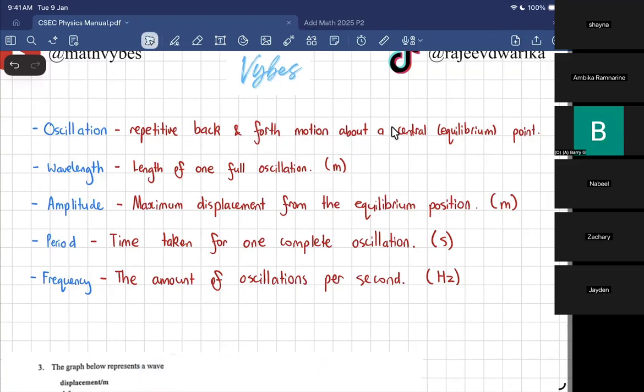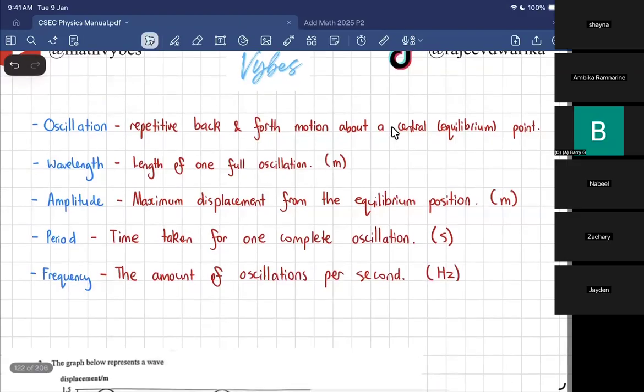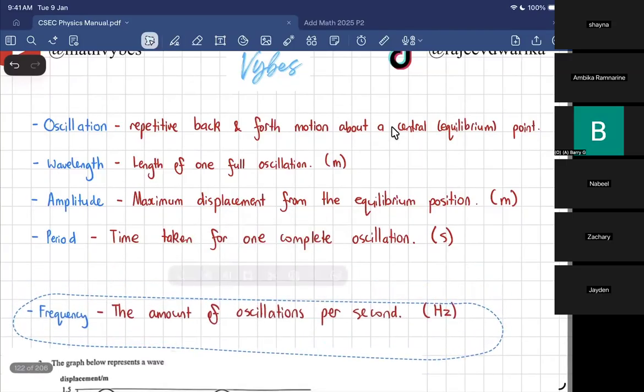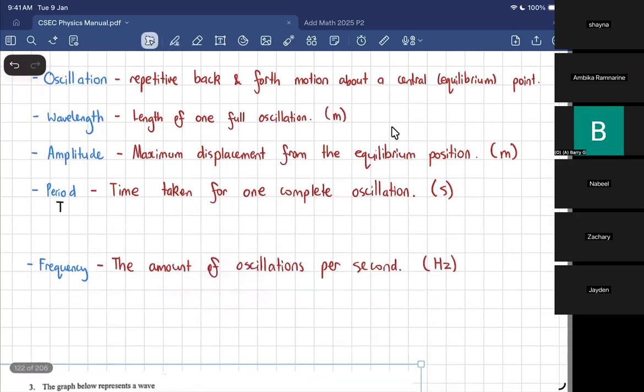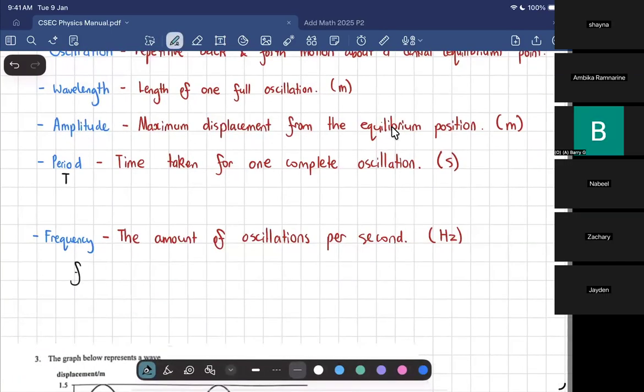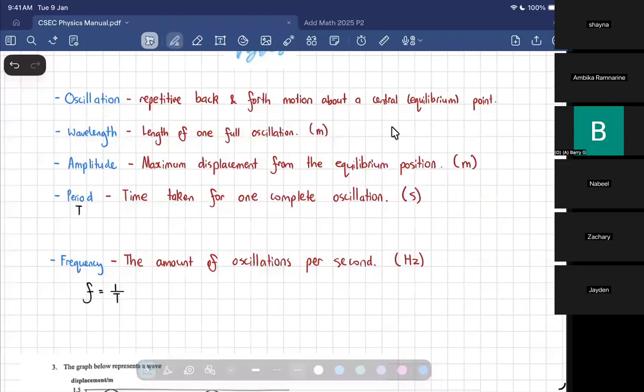Great. Is everybody okay with those terms? Yeah or no? Yes, sir. So the symbol for period is denoted by T, right? Frequency is denoted by F. And the formula for frequency is just 1 over the period, so 1 over T. Right?